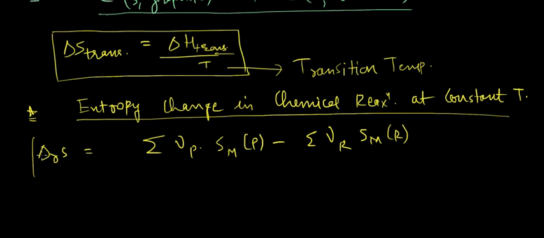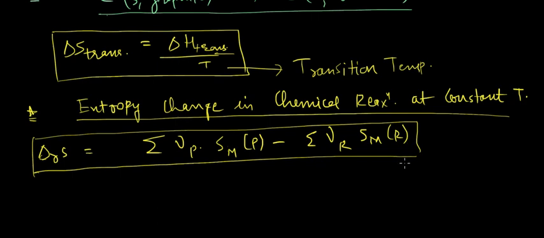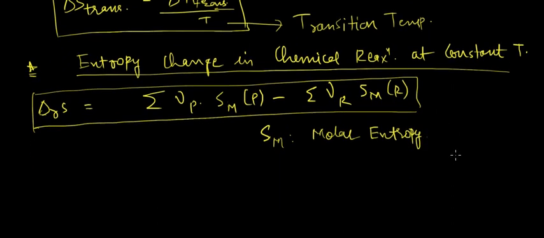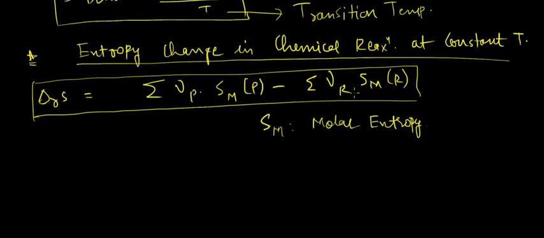Here we are using S. So Sm is molar entropy. And these are the stoichiometric coefficients of the reaction. This is the stoichiometric coefficient of products, and gamma r is respectively for the reactants.